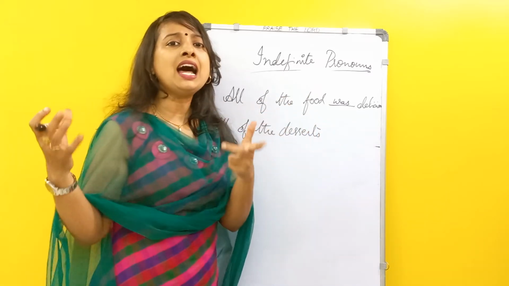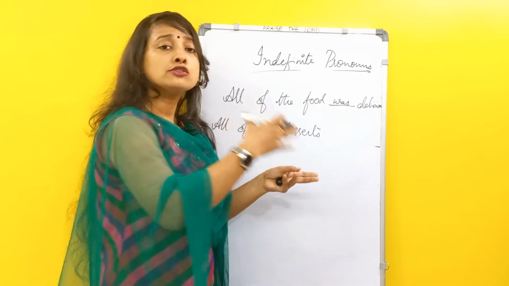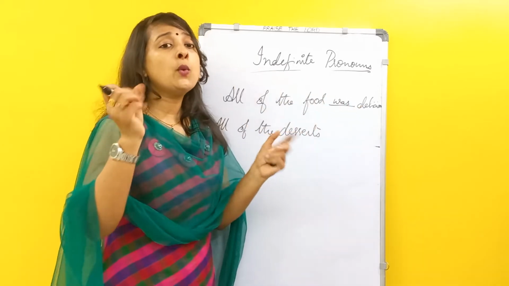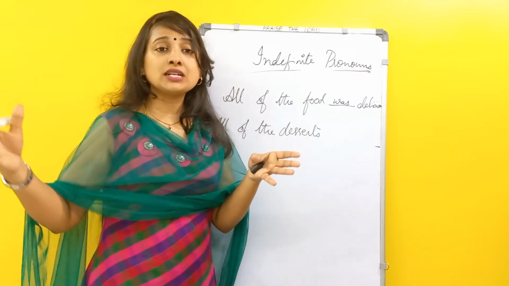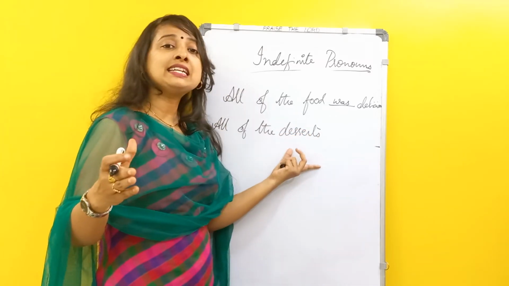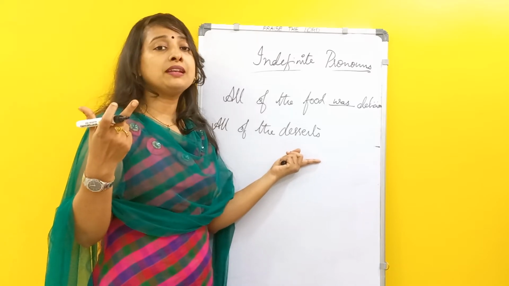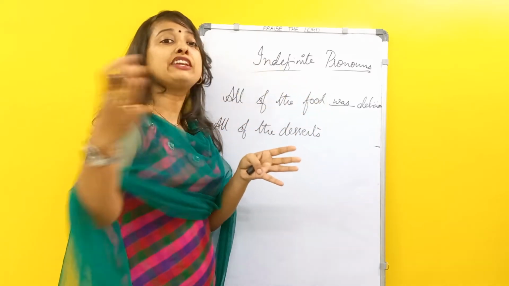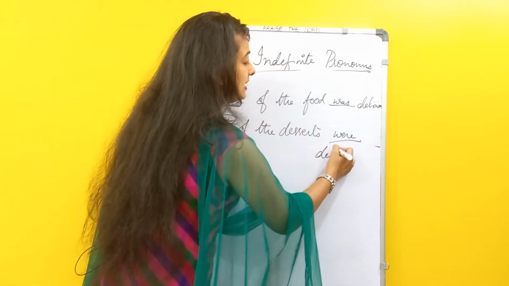So all these are different types of desserts which are served in the party again. So all of the desserts were delicious because that is taken as a plural sense. Desserts doesn't mean it is an uncountable noun, it is a countable noun, like different desserts. So, were delicious.